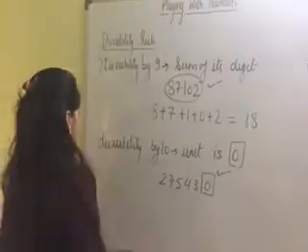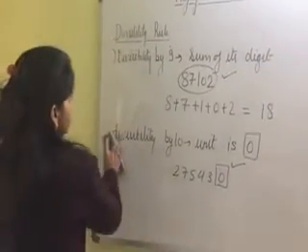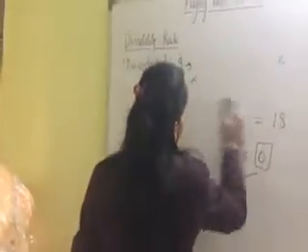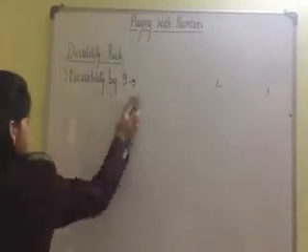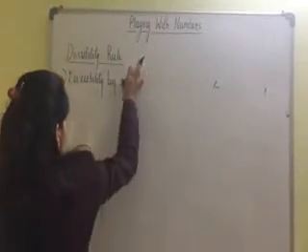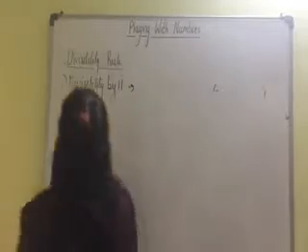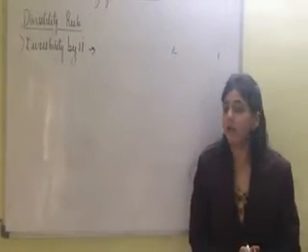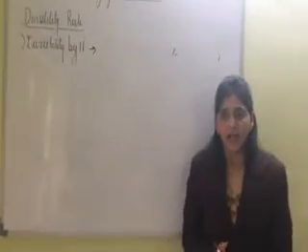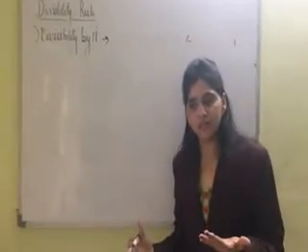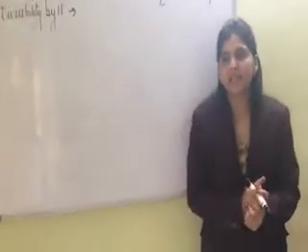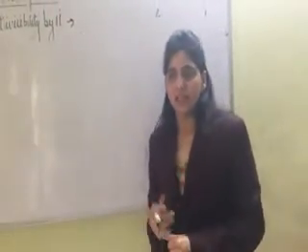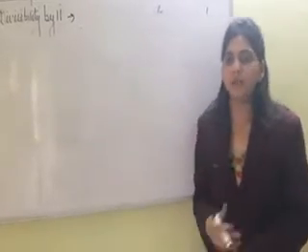Now next is divisibility by 11. A number is divisible by 11 if the difference between the sum of the digits at odd places and the sum of the digits at even places is either 0 or a multiple of 11.